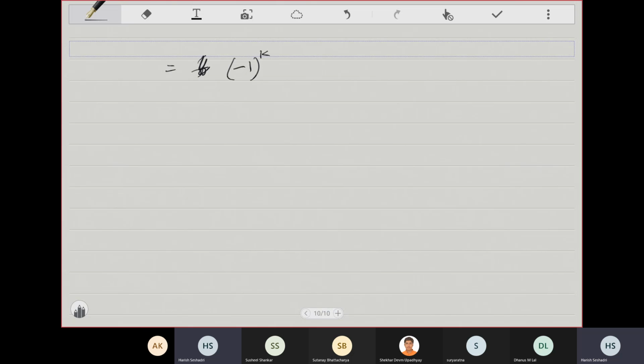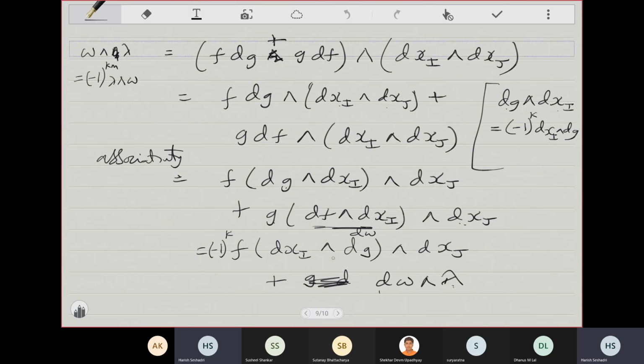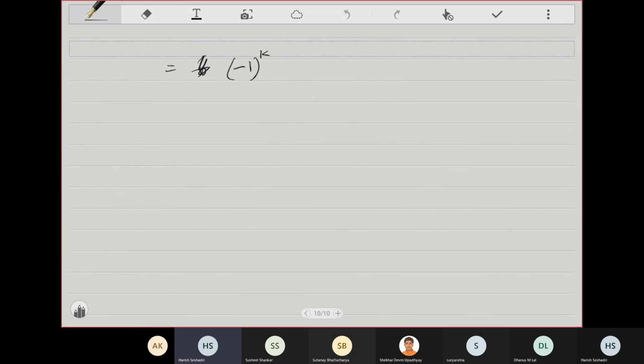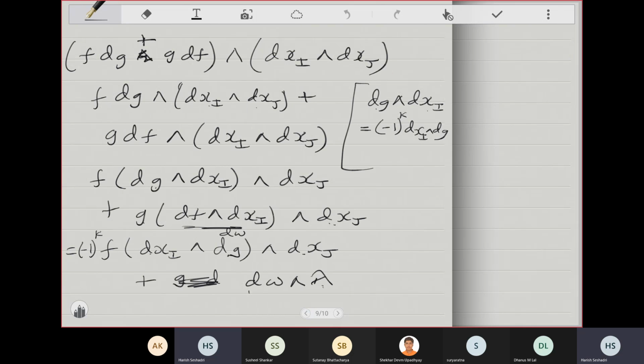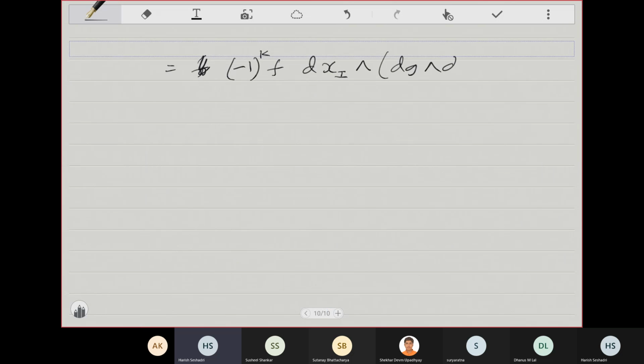And then again, I do one more associativity. Instead of clubbing these two together, I'll club this and keep this by itself. So f times dxi wedge dg, with the sign, plus the second term remains the same.